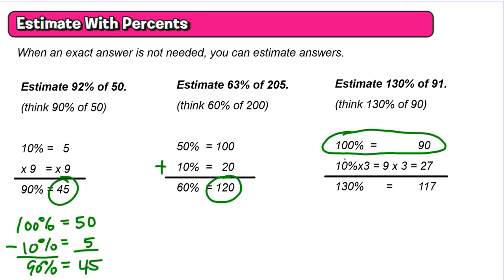So to get the 30%, I took 10% times 3, which is 9 times 3, which is 27. And then I went ahead and added those together. 100% plus 30% is 130%. So 90 plus 27 gives me the 30%, which is 117. So again, estimating with percents or finding percents mentally, we can use fraction equivalents, or we can use those benchmark percents, which are very easy to find mentally.